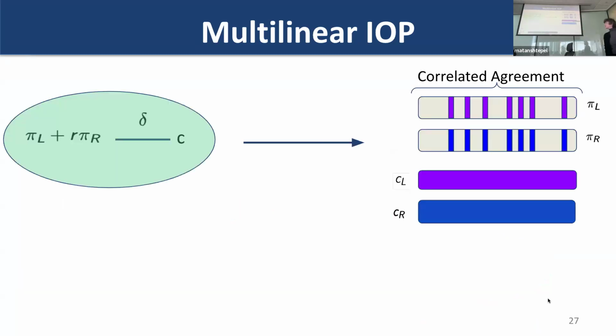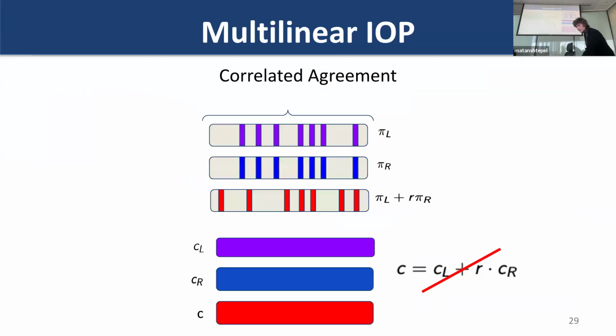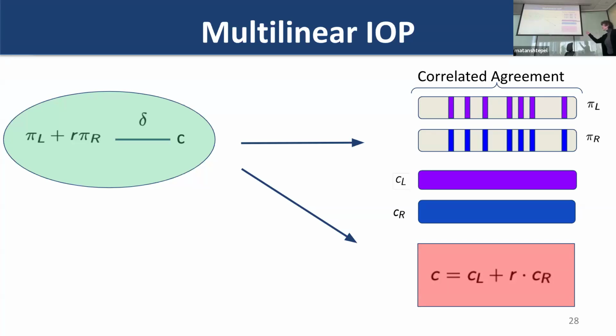Okay, so now moving to multilinear IOP, which motivates this work. This is the correlated agreement statement I talked about earlier, but now we also have this second property, as you were asking about, that C is equal to C_L plus R times C_R. If that's a codeword, we want that to be consistent. And the reason, which I'll describe later, is that we want this to be not only a proximity test, but also a random evaluation test.